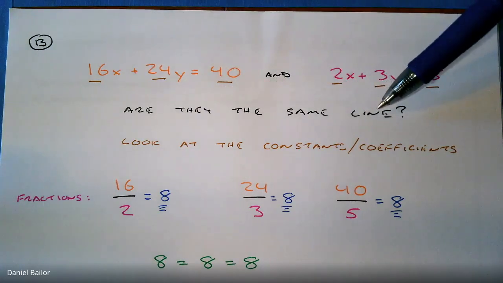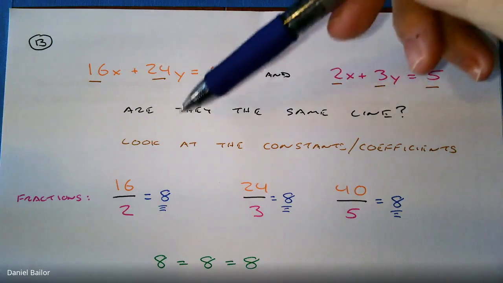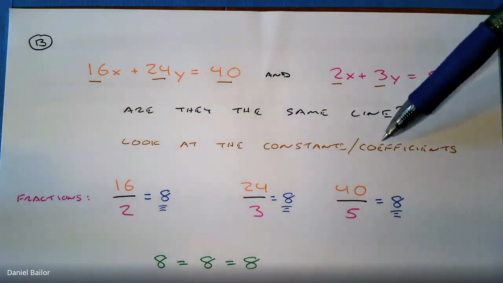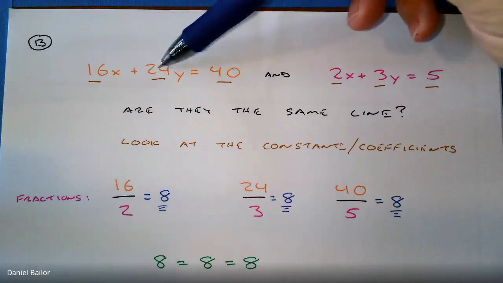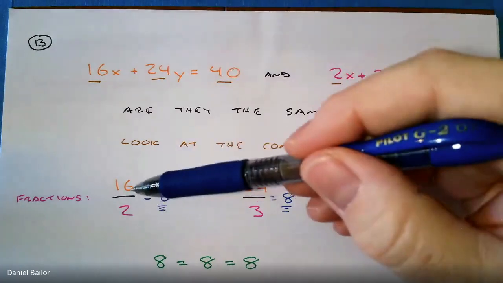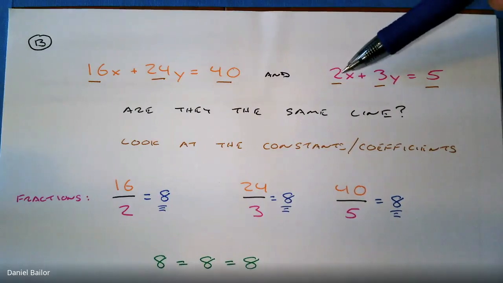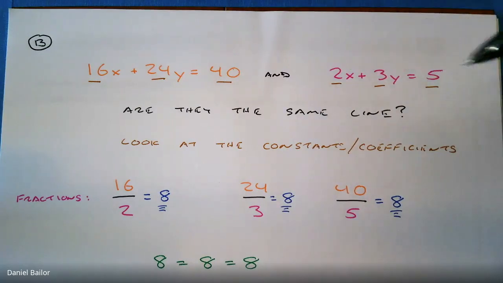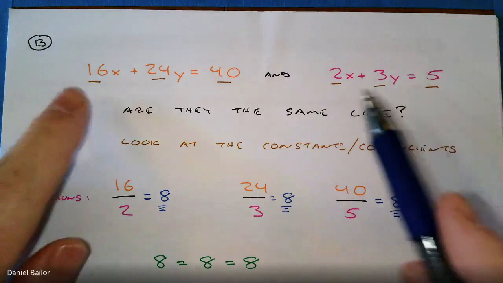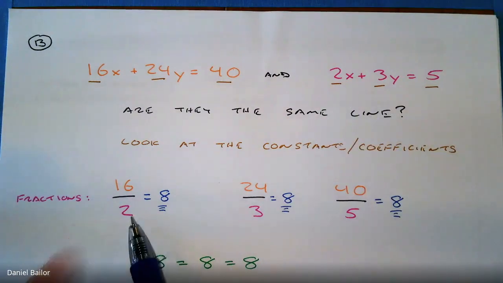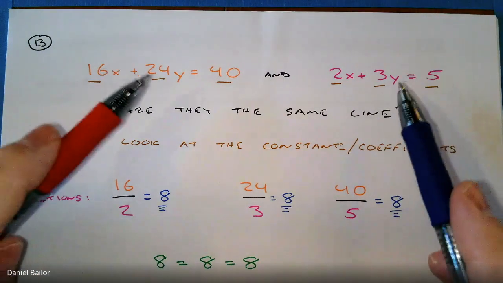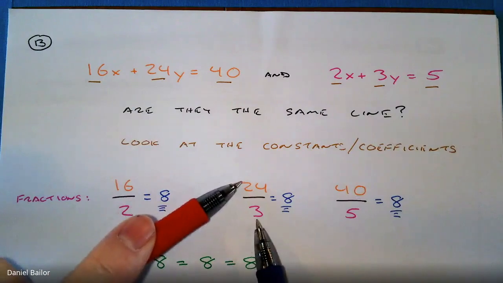Well, to test this, we look at the constants and the coefficients. So I take the 16, the 24, and the 40. And I take the matching coefficients, the 2, the 3, and the 5, and I make fractions. The 16 and the 2 go together. The 24 and the 3 go together.